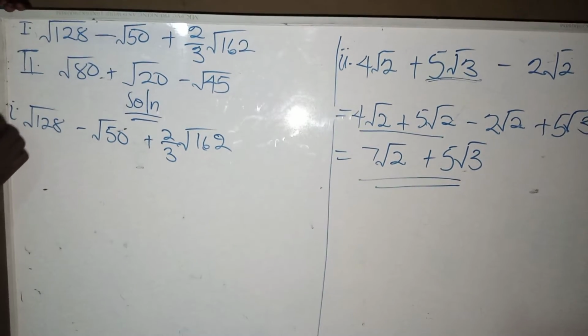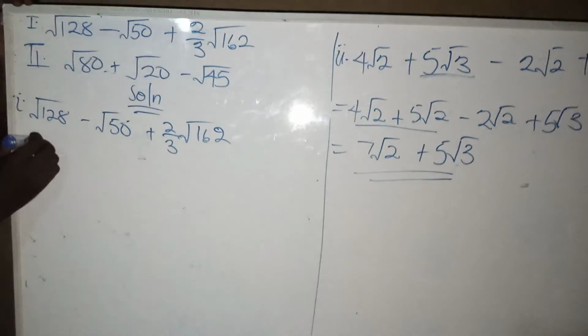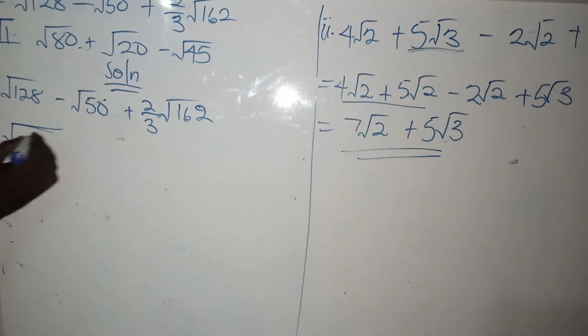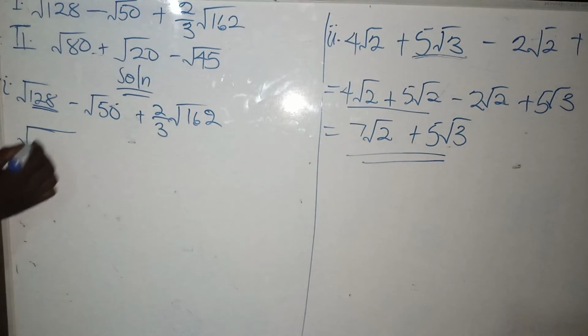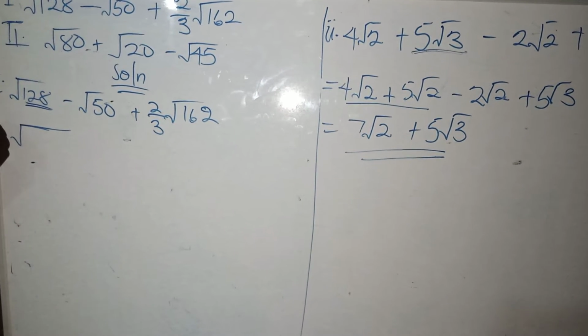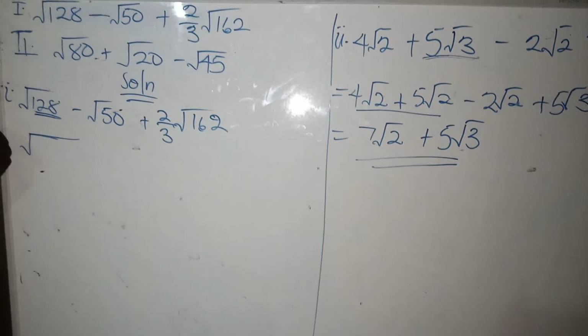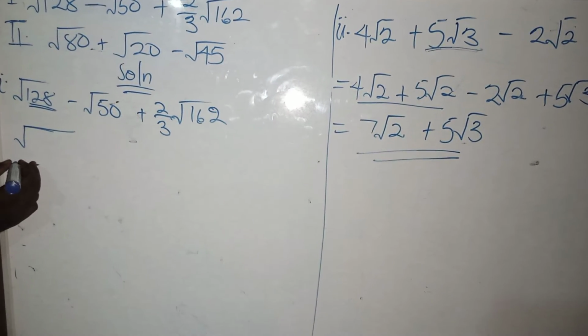Under the root sign, we have 128. What is the perfect square that is a factor of 128?